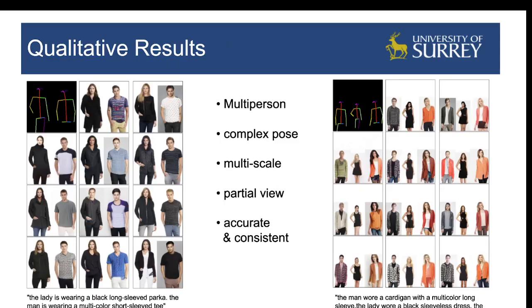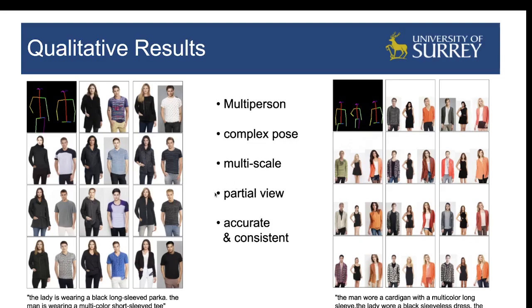So this is the result of our model. In our experiment, we can generate up to 3 people in an image with different complex poses and different scales. Even if one is bigger, one is smaller, standing further away, we can still do that.